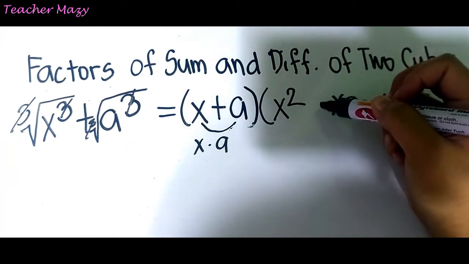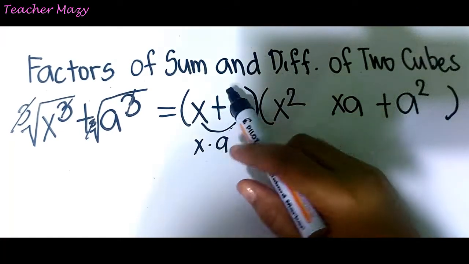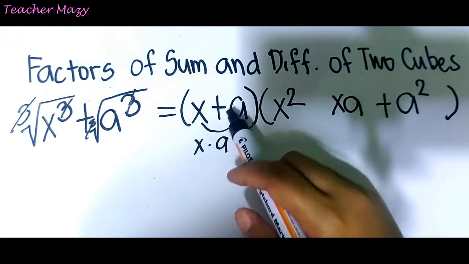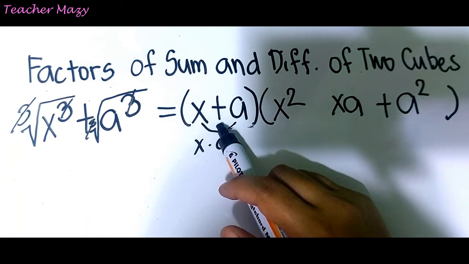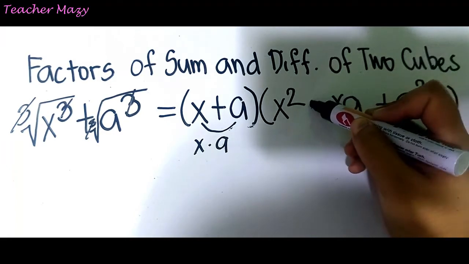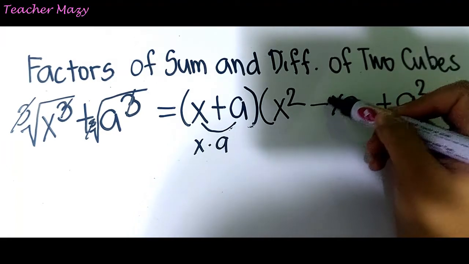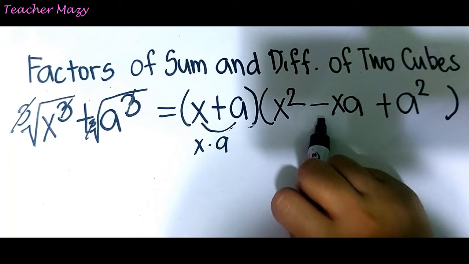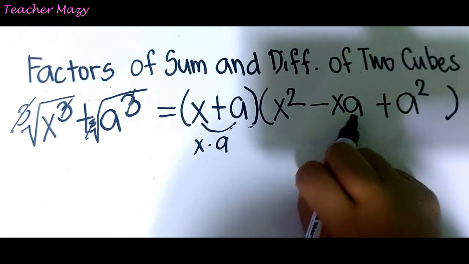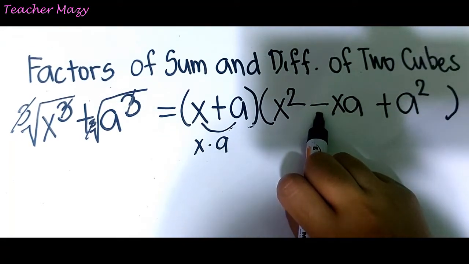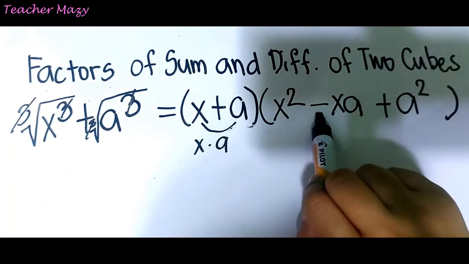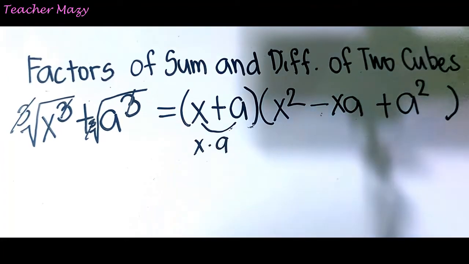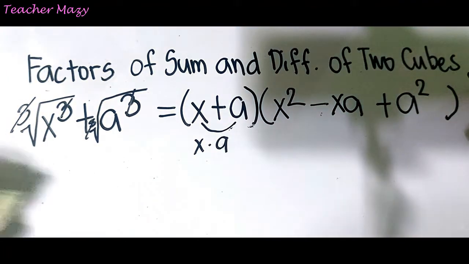And for the operation in between them, this is the sum and difference, so that means we need to get the reverse of our operation here. We have the sum here, and the reverse of addition is subtraction. So that means the sign of our middle term is negative. Sum and difference. Let's have another one to make it clearer.